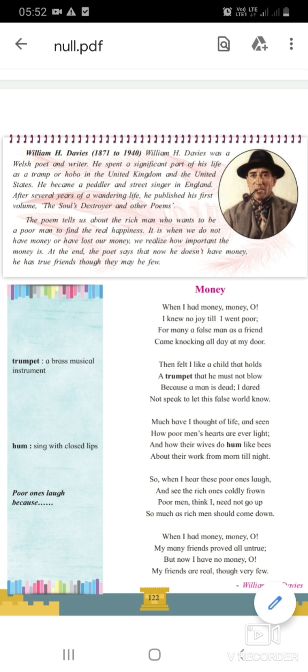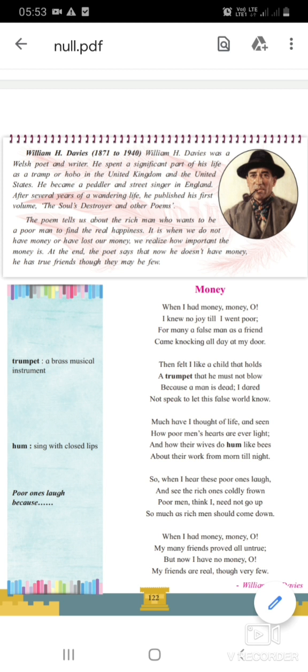That is apostrophe and repetition. Okay, poet has used an exclamation mark after the first line of this stanza, and here the feelings of the poet are represented by an exclamation mark, and the word money is repeated. So repetition and apostrophe, these two figures of speech are there in the first line of this stanza.